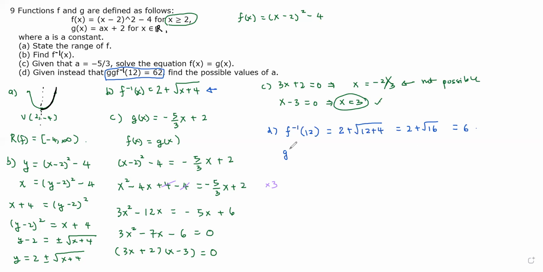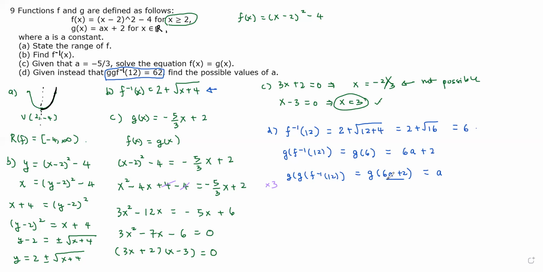Then we find g(f^-1(12)), where g(x) is ax + 2. This will give us g(6), and we have 6a + 2. Now g(f^-1(12)) will give us g(6a + 2). Then from g(x) here, we have a.